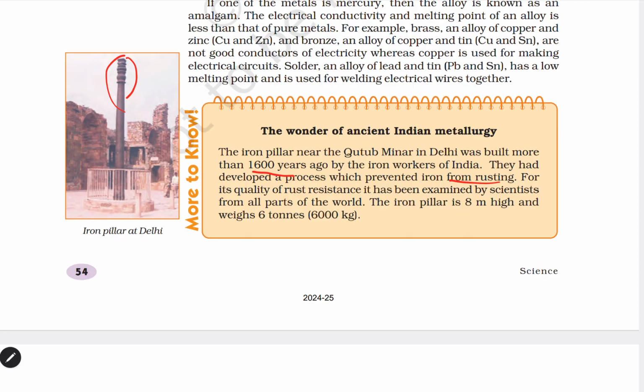For its quality of rust resistance, it has been examined by scientists from all parts of the world. The iron pillar is 8 meters high and weighs 6 tons. 1 ton is 1000 kg, so the weight of that iron pillar is 6000 kgs. That is 6 tons. Which method they used, we need to find out. So take it as an activity.